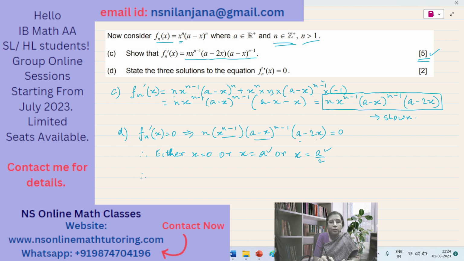So therefore, the 3 solutions are x equal to 0, x equal to a over 2, and x equal to a.